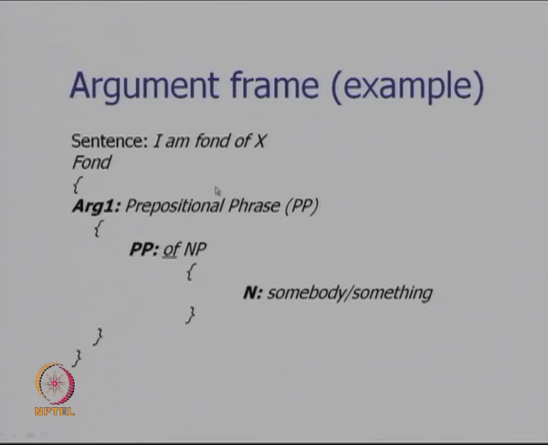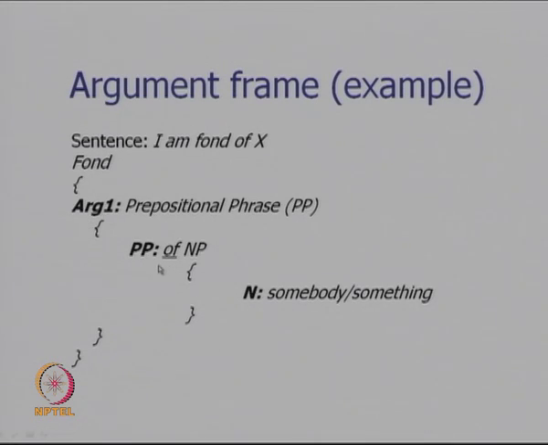Okay. Here is an example of the argument frame. I am fond of X. So, here fond needs an argument, the first argument, which is a prepositional phrase. So, I am fond of X is required. You cannot finish a sentence by saying I am fond of, what is required. And this shows the selectional preference of argument 1.